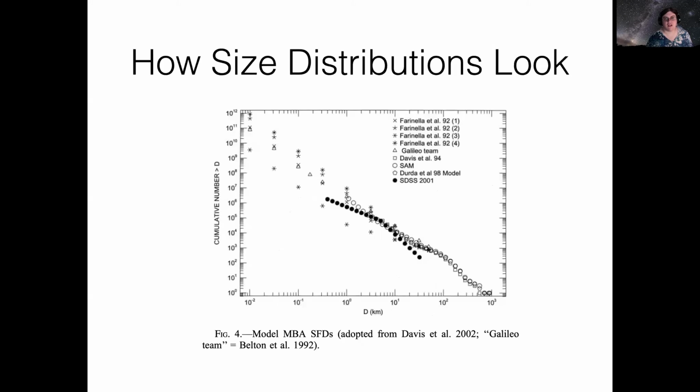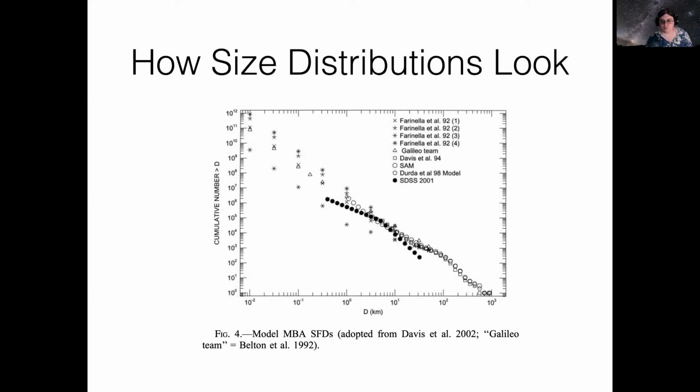Now how this looks is, this is a plot of the cumulative number of asteroids bigger than d versus d, and these are all models. Each team gets a different symbol, and they're not all perfect power laws. You can see there's some bumps and wiggles based on real observations of asteroids.